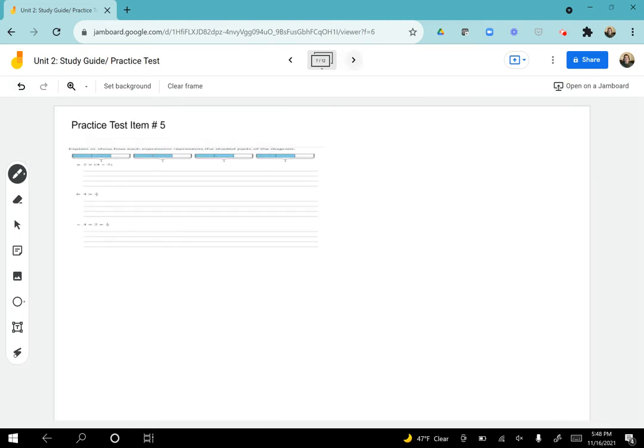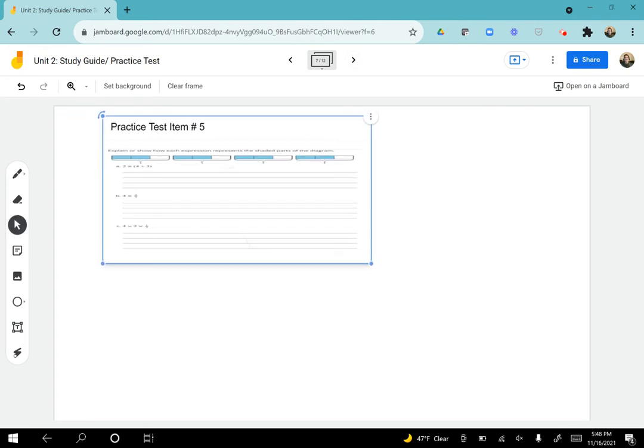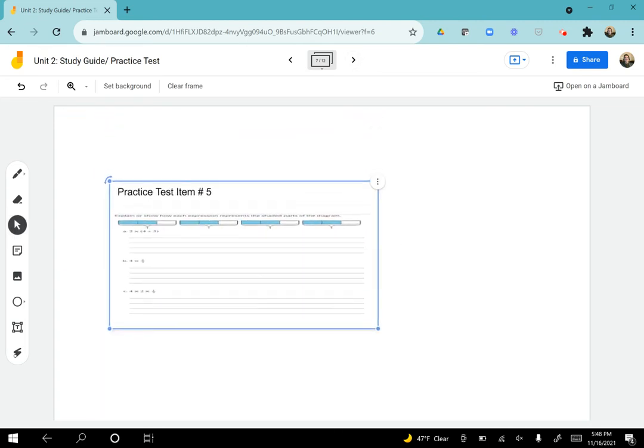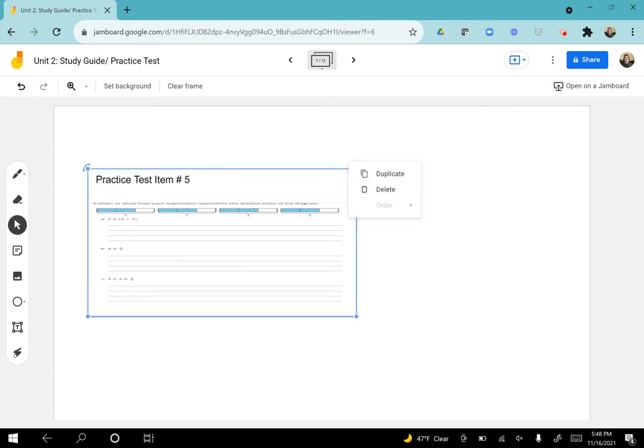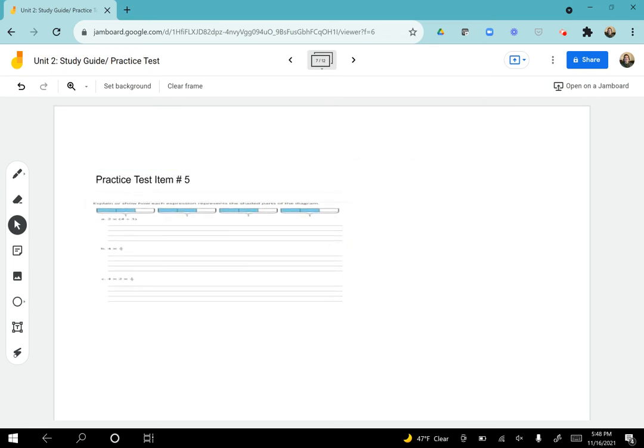Next question is similar. We want to explain how each of the following expressions are equal to the diagrams. I apologize that these are probably a bit small to see on your screen.